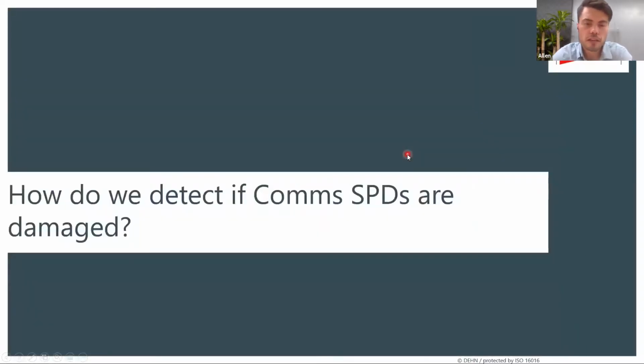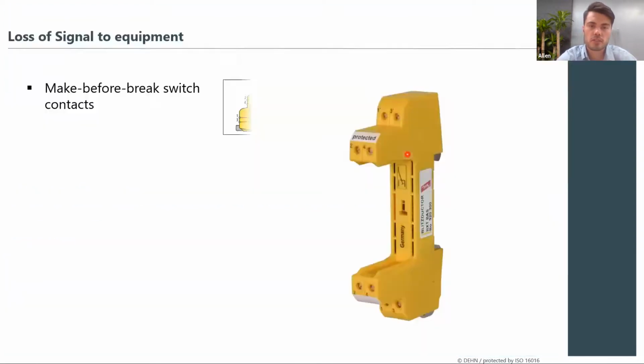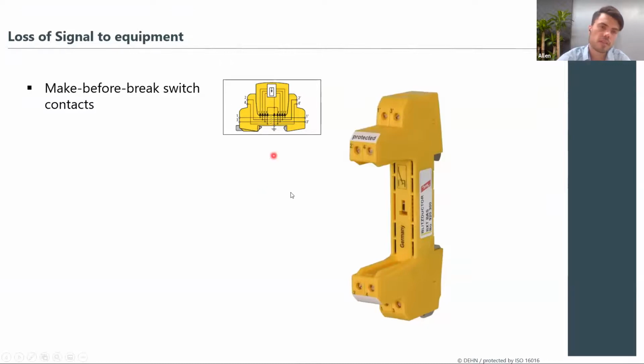There are different ways of detecting if communication SPDs are damaged. We have two different types of bases which we use: a base that's normally open, and a base that's normally closed. Depending on the installation, if it's very critical, customers often tend to have a base that's normally open, so when you remove your protection module, the signals are disconnected.